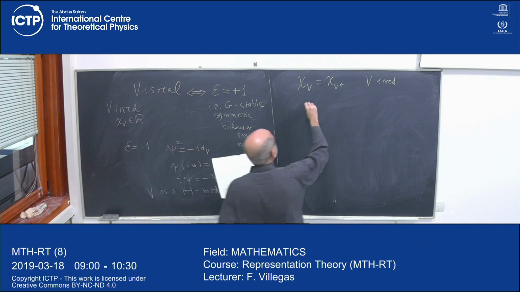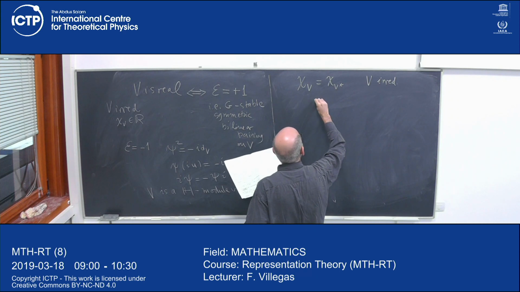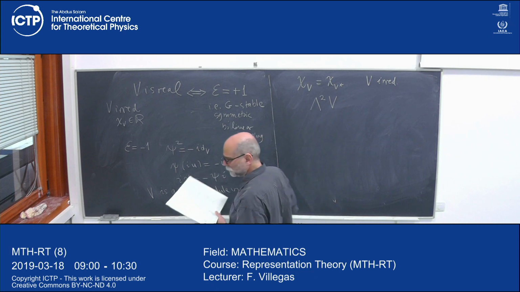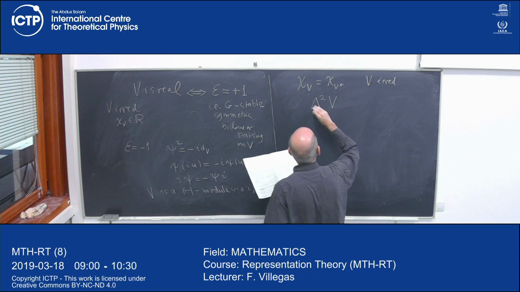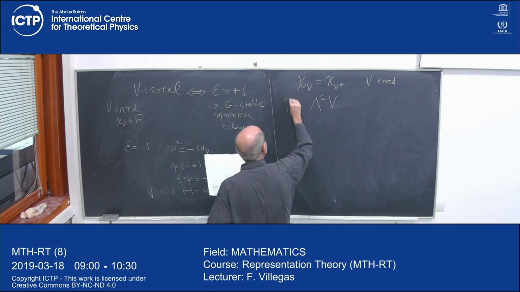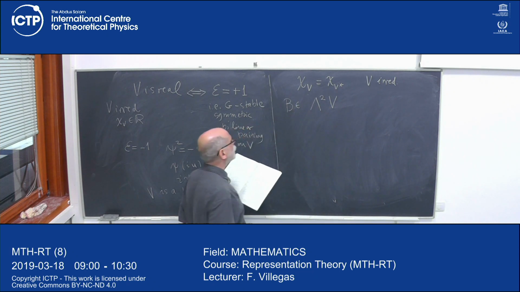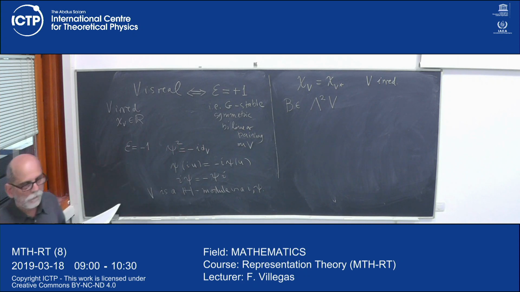Now, V and V dual are isomorphic. So let's try to figure out when we have a skew symmetric form.